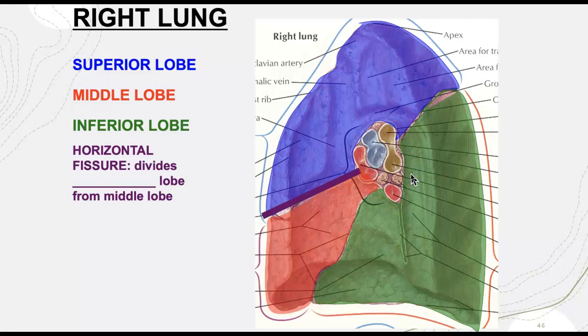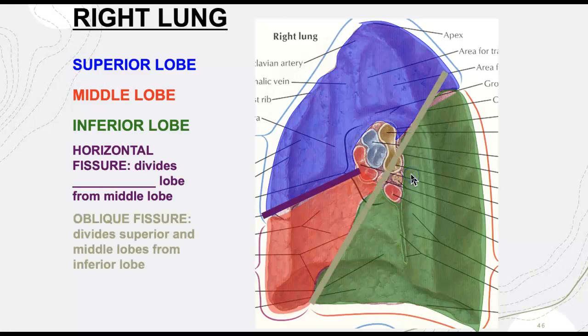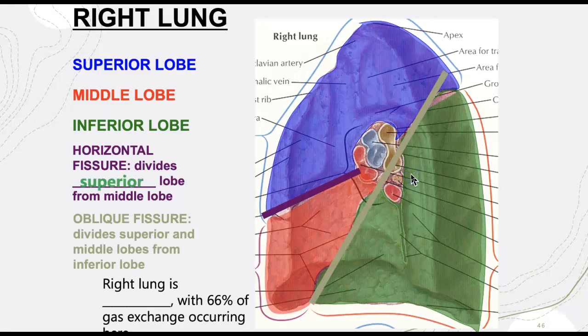So first I'll show you this horizontal fissure. This is helping to divide out our superior lobe from our middle lobe. Then we have our oblique fissure here that is separating our superior and middle lobes from the inferior lobe. And then a note here that our right lung is larger, with 66% of gas exchange taking place here.